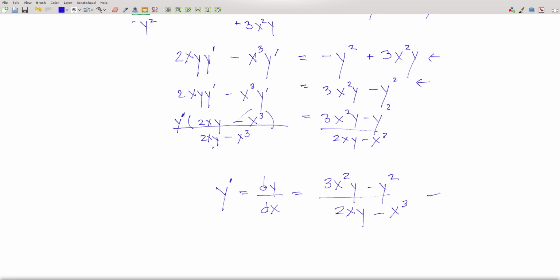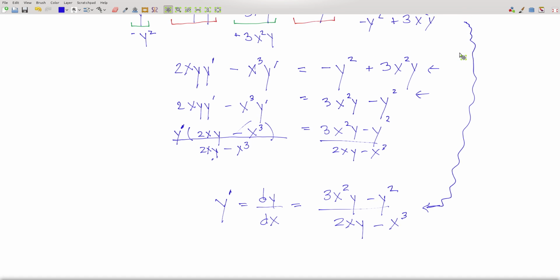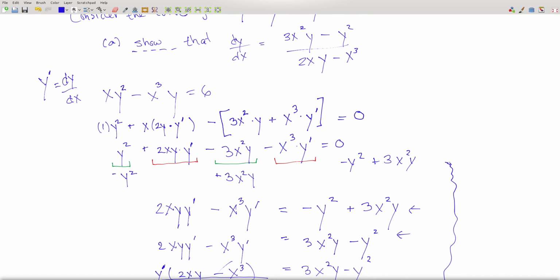Let's take a look back at what it is we were trying to find. We were trying to show, if you recall, this. It says we're to show that dy dx is equal to 3x squared y minus y squared over 2xy minus x cubed.